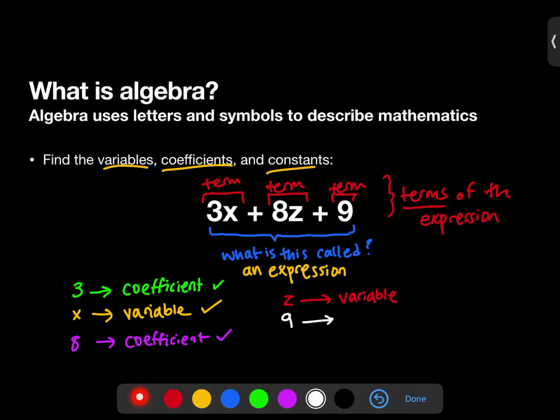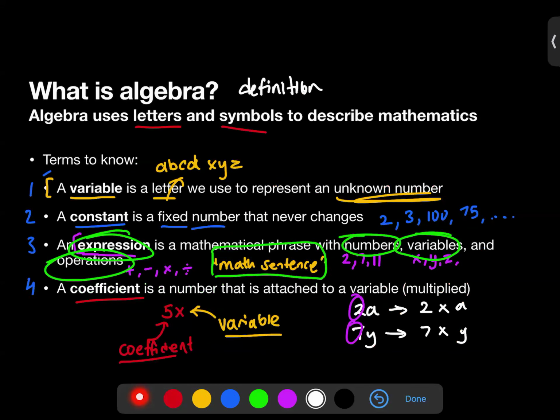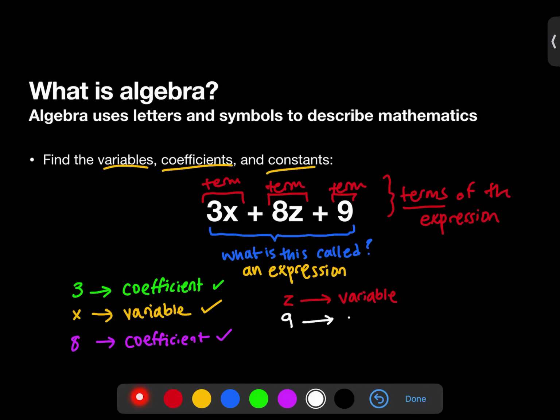So remember, there's two terms. There's constant and there's coefficient. So 9 is a constant because there is no variable next to 9. It's just a number itself.